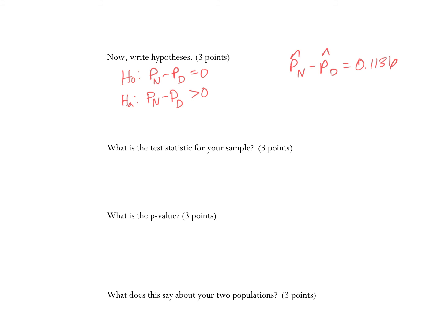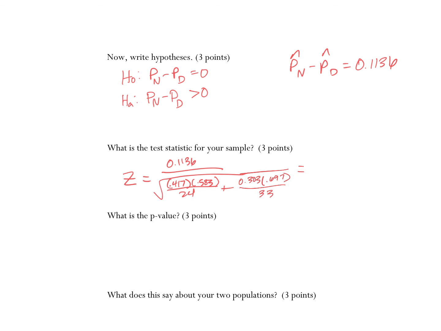Everybody good? All right. So then my test statistic will be a Z statistic. We're going to divide by that standard deviation again, which was 7. It's the exact same standard deviation formula from the previous page. We went straight to the margin of error.